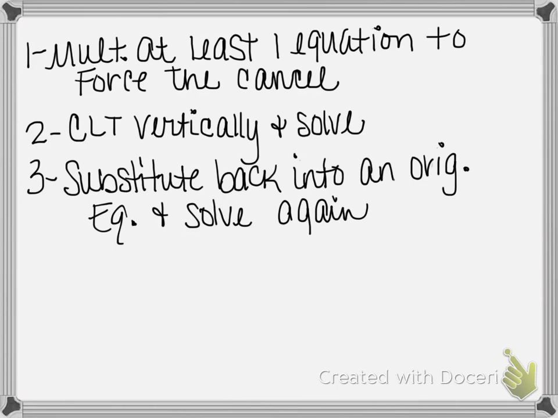So what you're looking for is like terms that match with the coefficients but also have opposite signs so that they're going to cancel. So sometimes we're going to have to force the cancel to happen, and we do that using multiplication. So go ahead and pause and copy down your 3 steps, and then we'll get started.